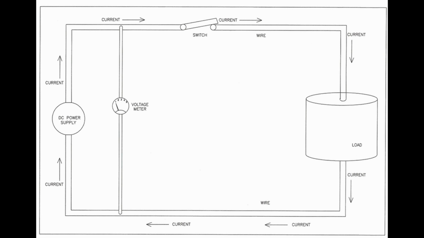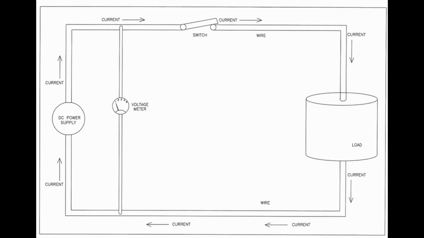So the voltage goes up from the DC power supply, it goes through the switch, and again it starts and stops the flow of the current, or electron flow in this case. Then we go from there to something called the load. The load is where the voltage is dissipated.